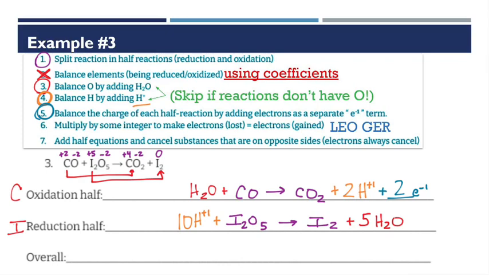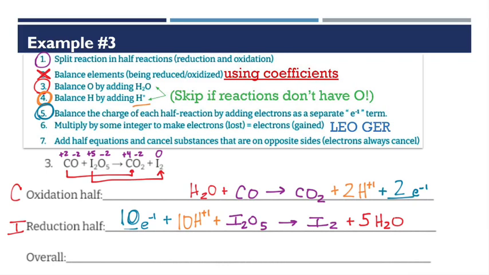Now our reduction half, we need to put our electrons on the reactant side, and we're trying to get our total charge to match the product side that we already have, which is 0. And yet on this side we have 10 H pluses, so I have a positive 10 charge, which means we need 10 electrons here in order to balance this one out.